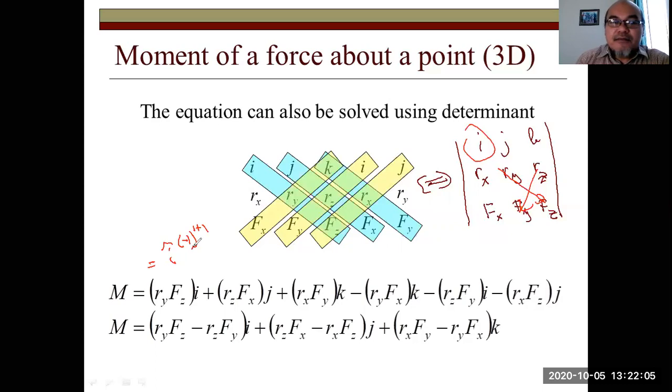Then this becomes Ry Fz minus Rz Fy, from this formula.